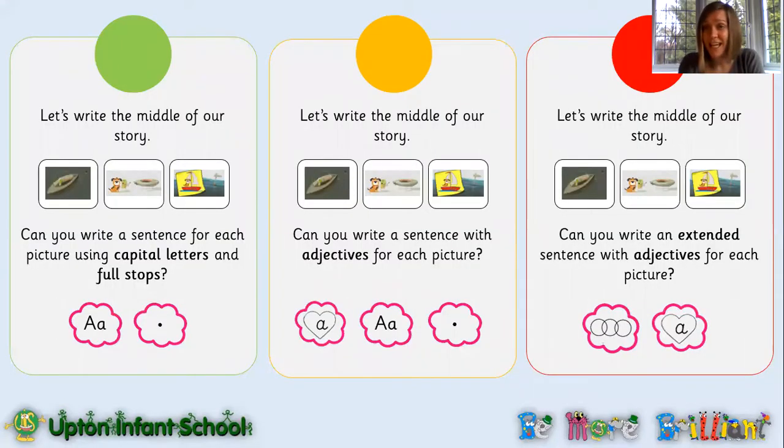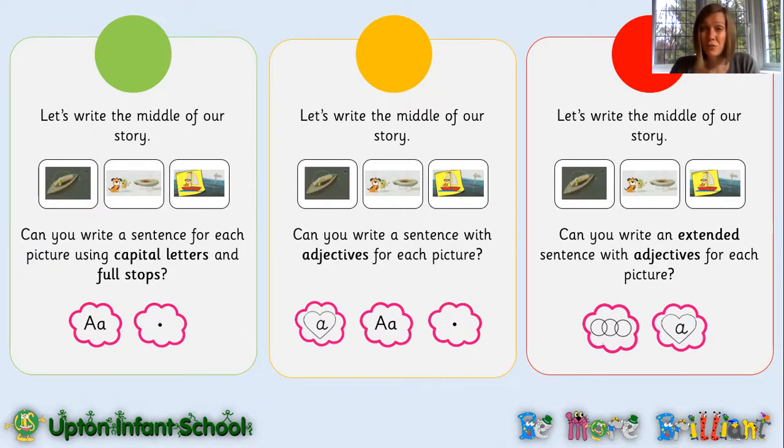So everybody is going to write the 3 sentences for the middle part of our story. And you can choose if you're going to do the green challenge, where you are going to write your 3 sentences, remembering your capital letters and full stops. If you're going to do the yellow challenge, where you are going to add adjectives in, so you're going to describe how the Martian felt or what the Martian was like when he got to the moon.